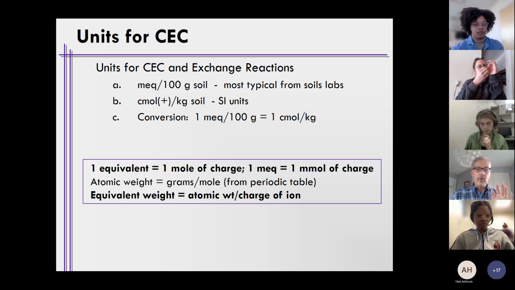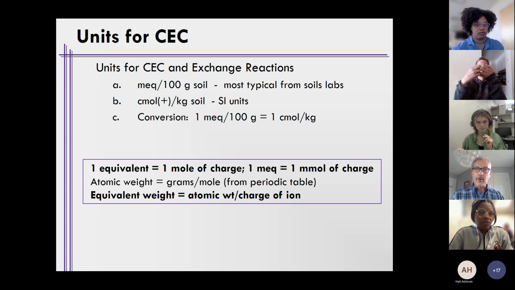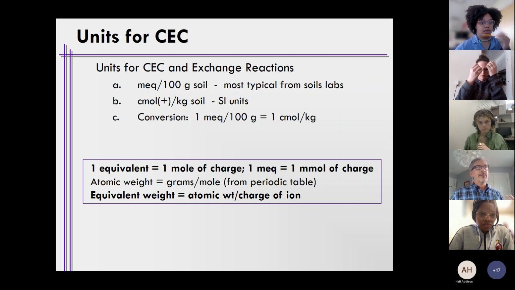But the units that you will always use as a layperson or non-scientist from a testing lab will be milliequivalents per 100 grams. And the beauty of these two types of units is that they equal one another, basically. It's a 1-to-1, which makes it really nice as a scientist.